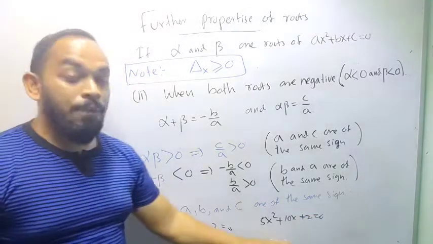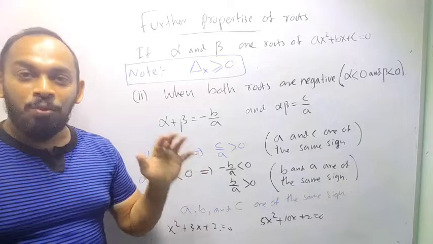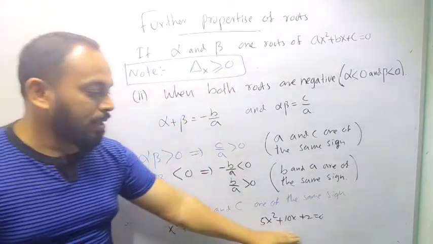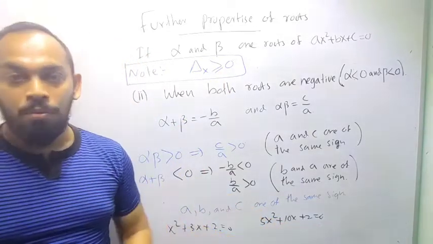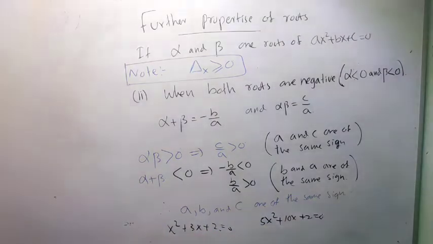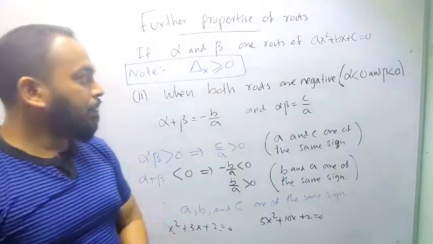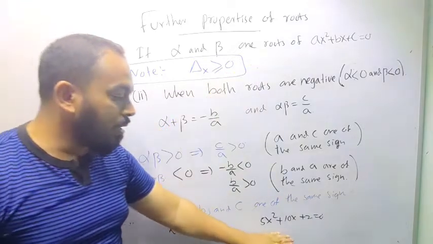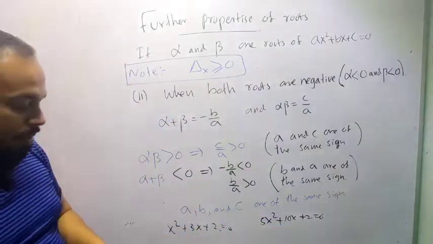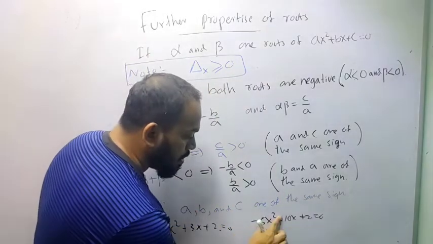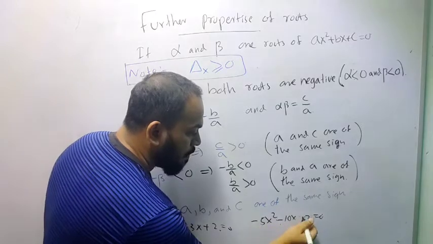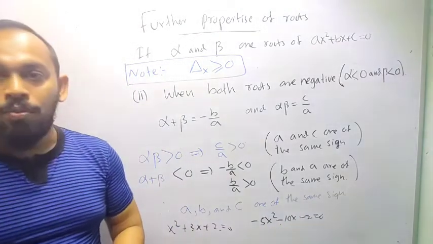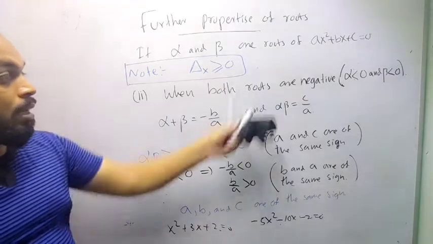I have to make sure that the discriminant is also greater than 0, so that's why I take precautions when writing this quadratic equation. But in general, if we have all the same signs, like negative, negative, negative, that means both roots would be negative.